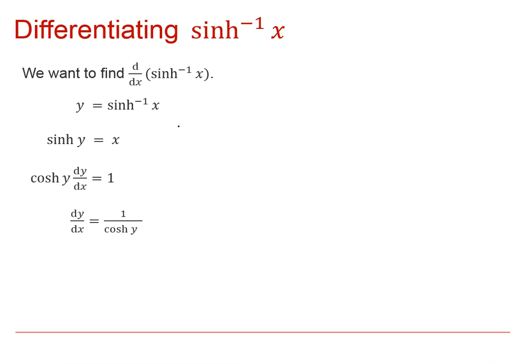Now, as our original question was in terms of inverse sinh, we're going to need to convert this into sinh rather than cosh. We're going to do that using the identity cosh squared y minus sinh squared y equals 1.